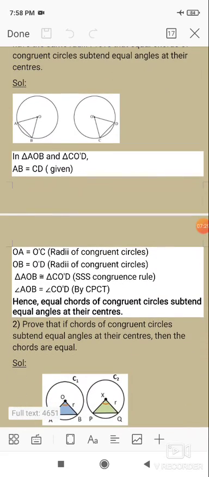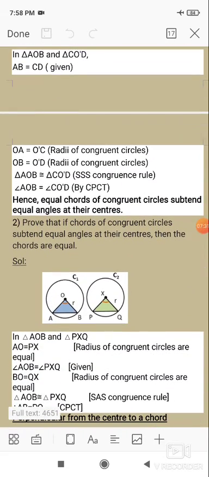Now, the next question is, prove that if chords of congruent circles subtend equal angles at their centers, then the chords are equal.